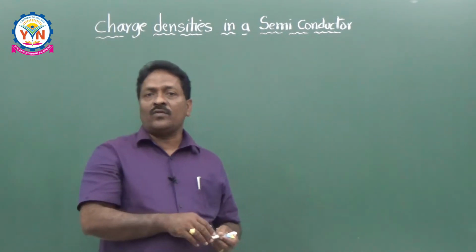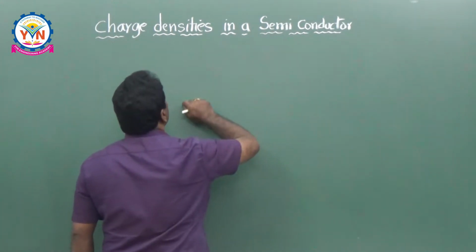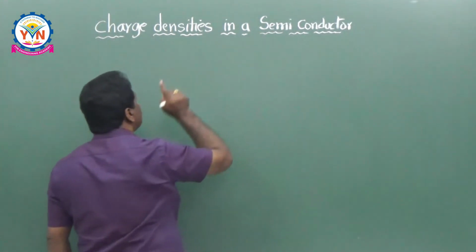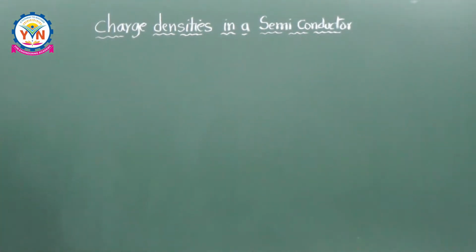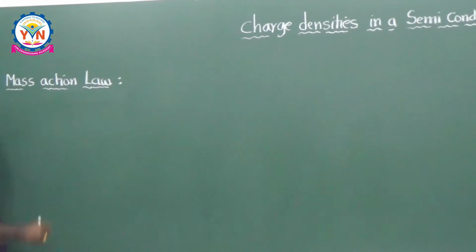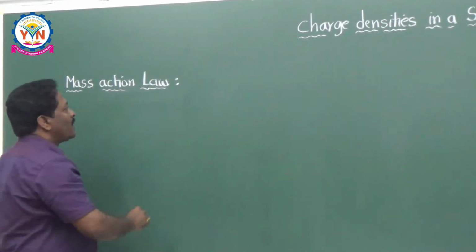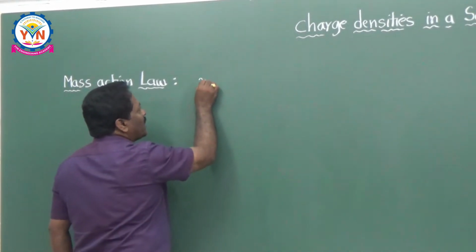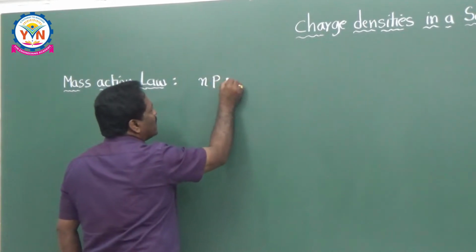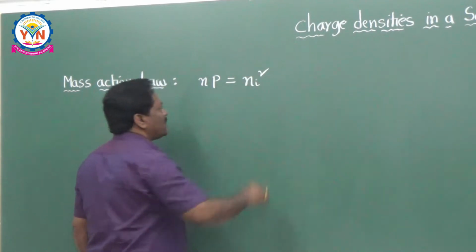Now in this class we are going to see the charge densities in a semiconductor. But before going for this concept, let me tell the definition of the mass action law, which is the most important law in semiconductors. So what is mass action law? Mass action law is nothing but the product of free electron and hole concentration must be equal to the square of the intrinsic concentration.